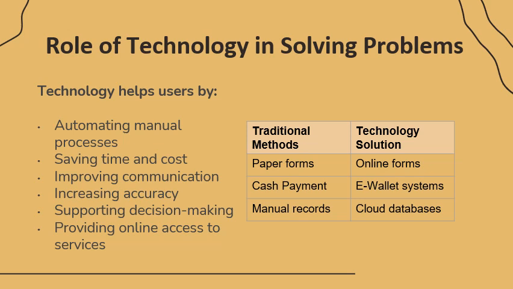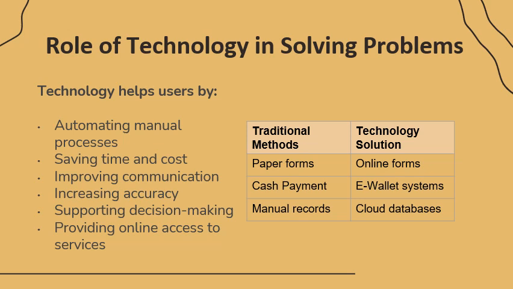It also helps save both time and cost by streamlining tasks and increasing operational efficiency. In addition to that, technology improves communication by enabling faster and more effective interaction through digital platforms and tools.